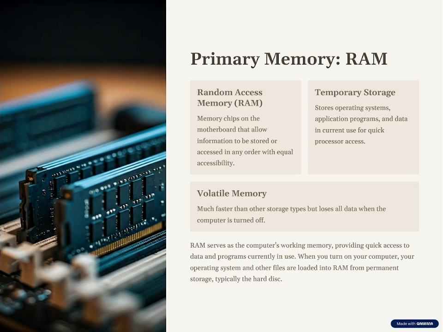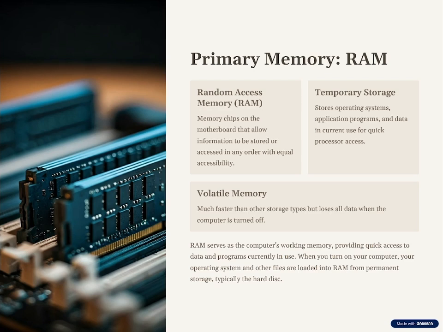They are also called volatile memory. Why are they called volatile? Because they are much faster than other types of storage, but they lose the data they hold the moment the power is off, the moment you turn off the computer. So the RAM serves as the computer's working memory and provides quick access to data and programs that are currently running within the computer system.